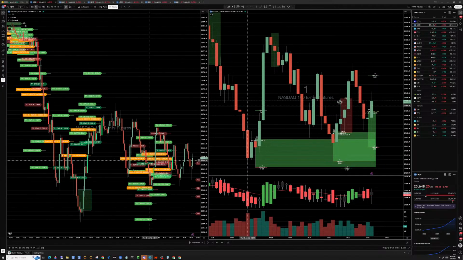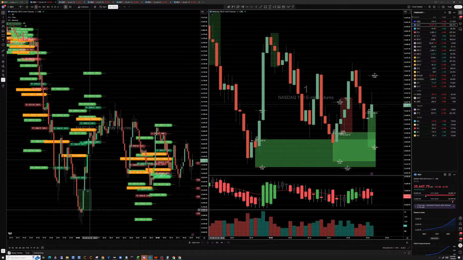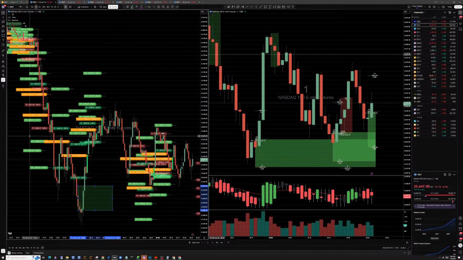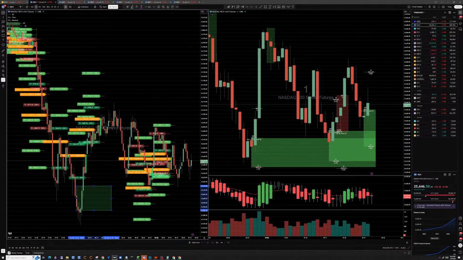All the action for me was when it dipped down here. This was the one thing I was waiting for, and I was able to capitalize on it. So I'm happy. I'm not up very much because I took losses before I took my win. So I'm barely up right now, but I am green.